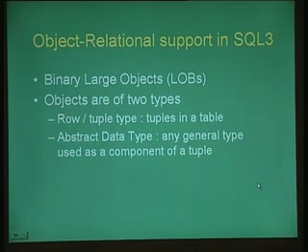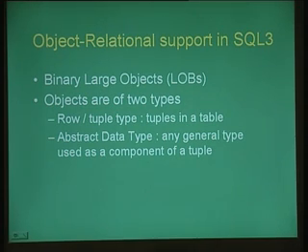So as far as object relational support goes in SQL3, SQL3 supports a new data type called LOB, or binary large object, where you can define some kind of a binary dump or binary data object to be a large object or a binary large object.